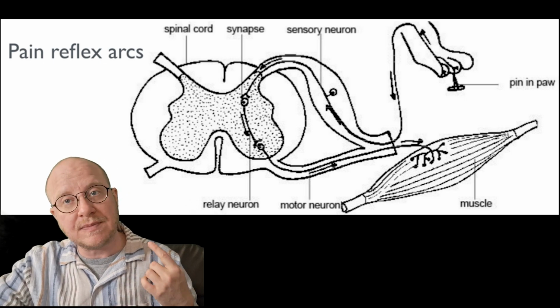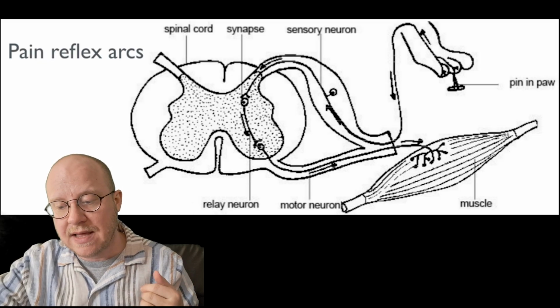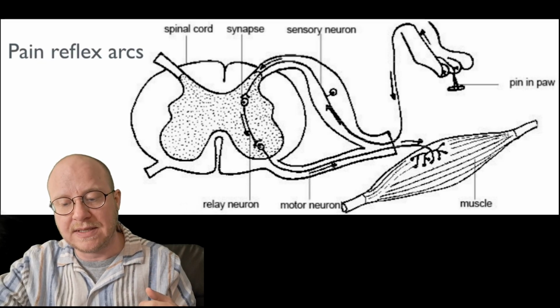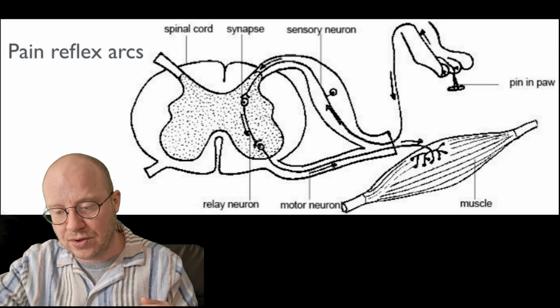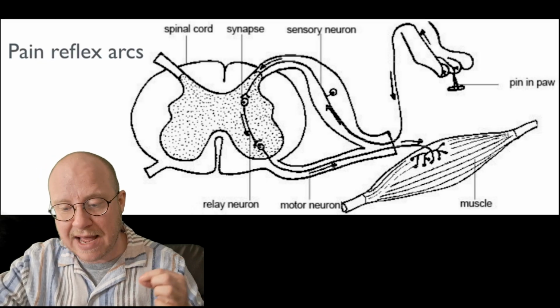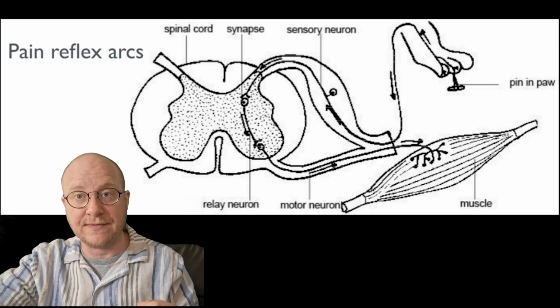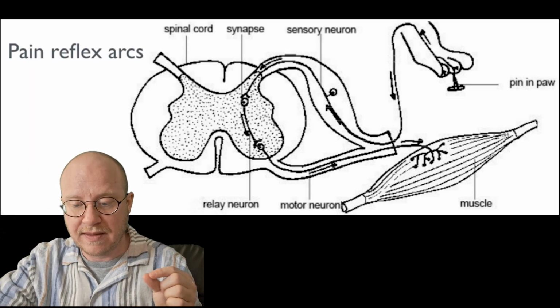After entering the spinal cord, the afferent, remember that's sensory, the afferent neuron synapses with a short interneuron. They're using synapse as a verb. It means it has a synapse with.